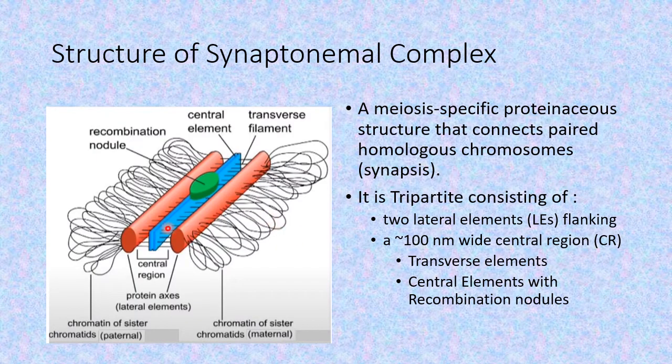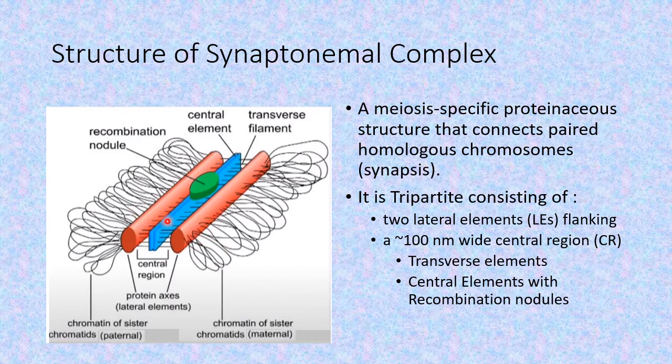Now, if we look into the structure of this proteinaceous complex that is formed between these two homologous chromosomes. This meiosis-specific proteinaceous structure which pairs these homologous chromosomes at the time of synapsis is a tripartite structure.